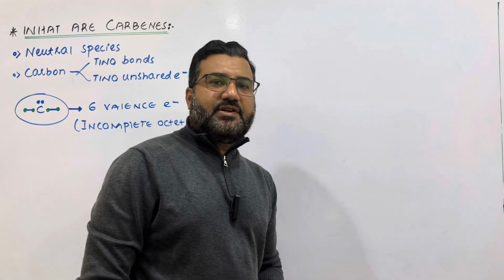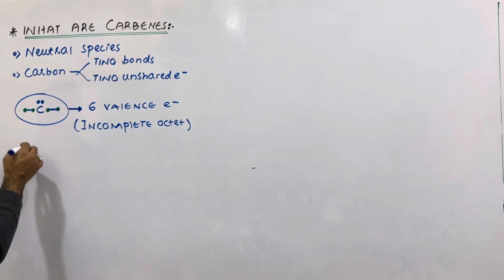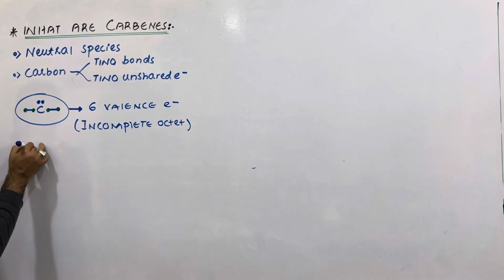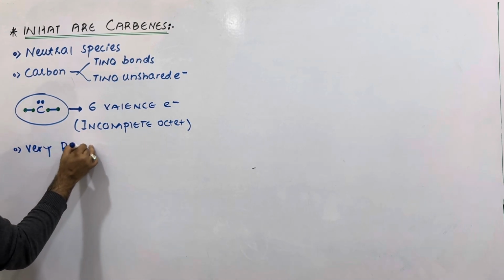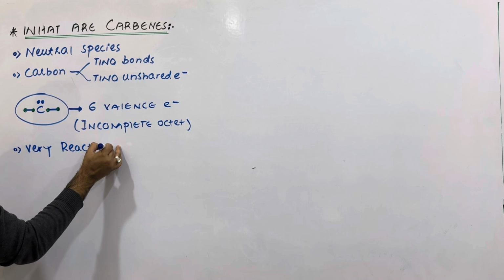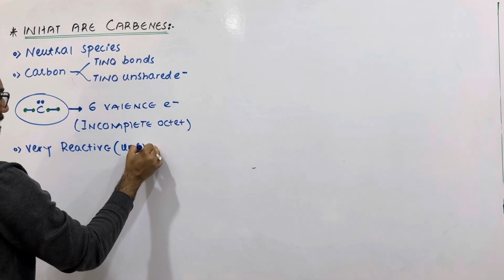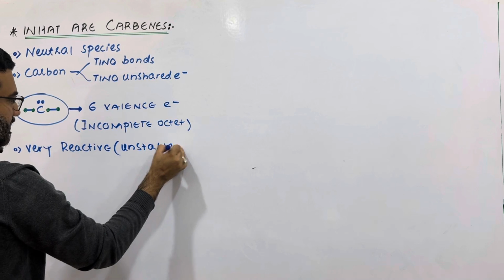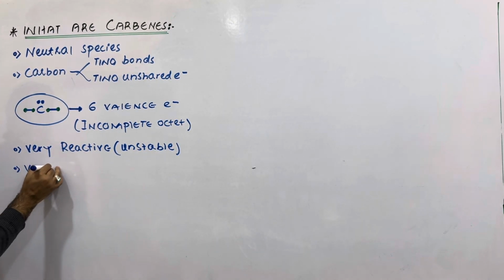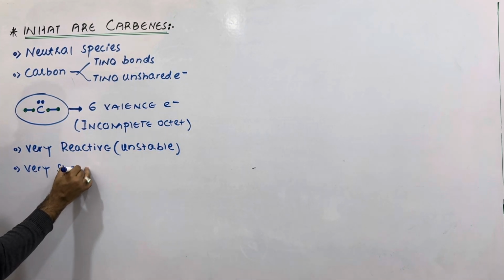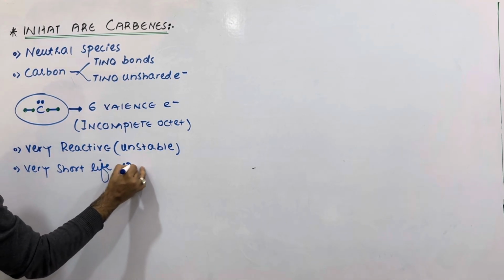And any species which has incomplete octet is very reactive. So carbenes are also very reactive, or you can say they are very unstable with a very short lifespan in the reaction mixture.